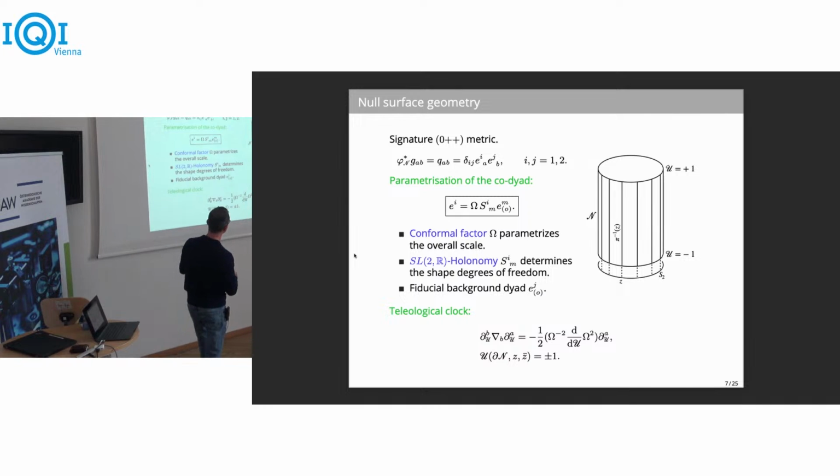This is a measure for how the area density of this geometry changes as we move forward in time. Furthermore, this clock I choose such that the initial and final cross-section, the initial and final cut, have just values plus minus 1. And this choice is always available.